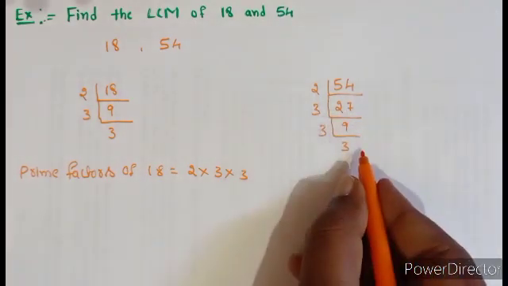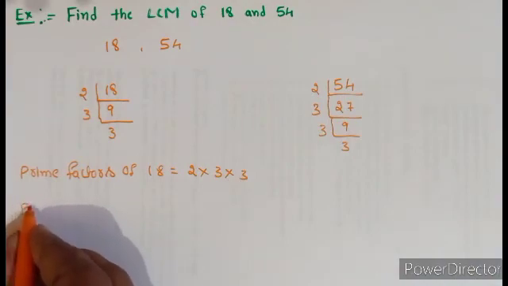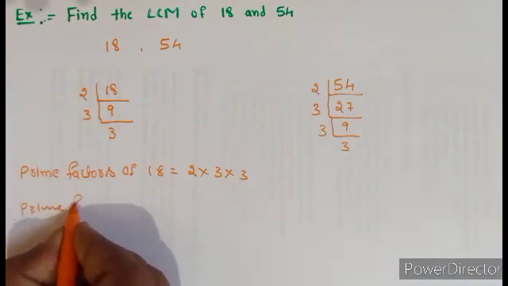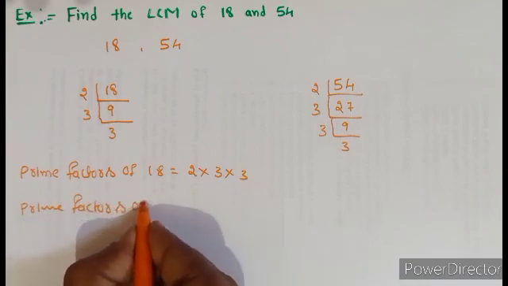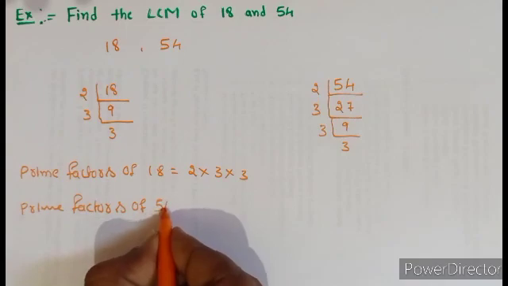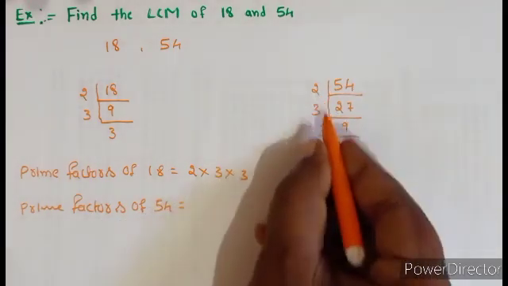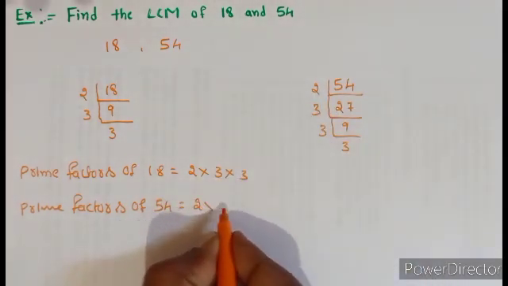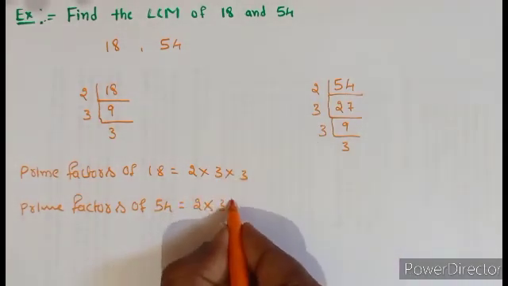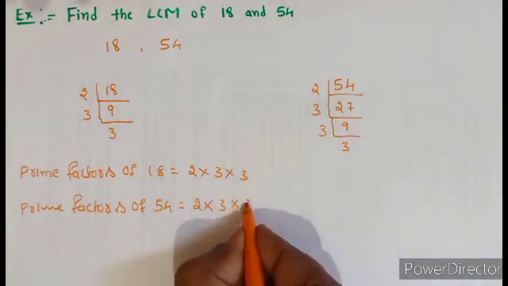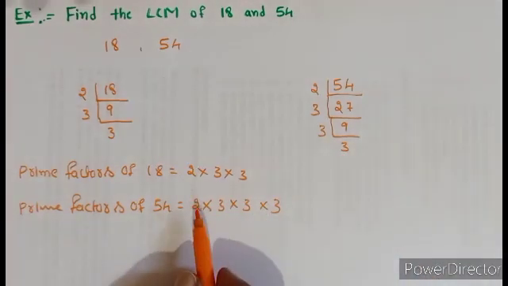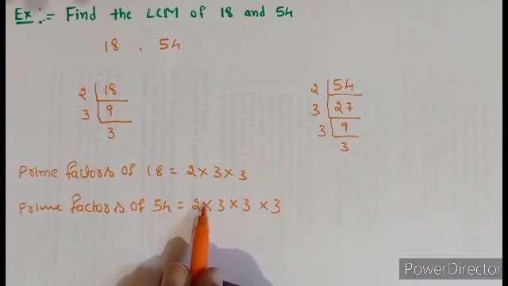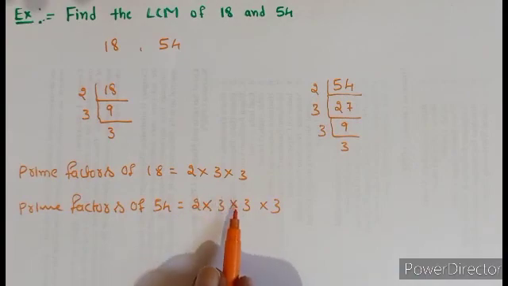So prime factors of 54 is equal to 2 into 3 into 3 into 3. Students, here now we need to multiply the common factors 2 and remaining all common prime factors 3 here.